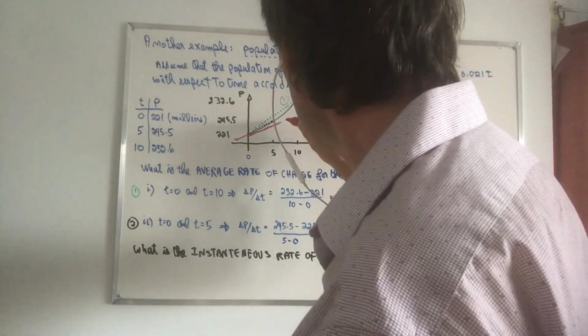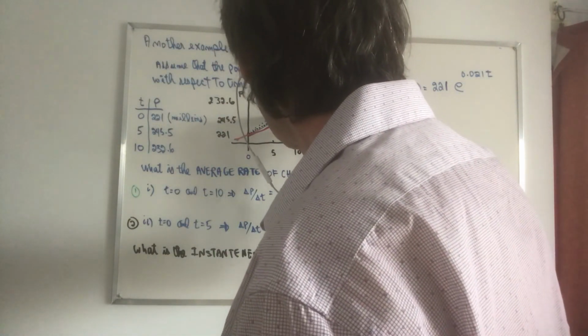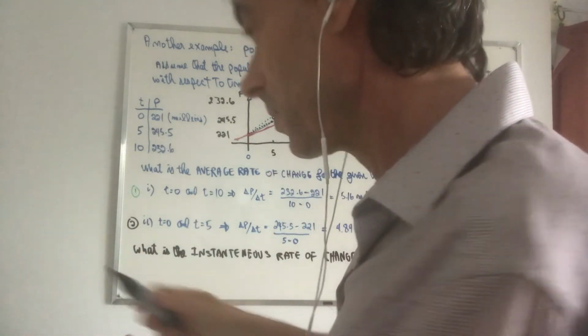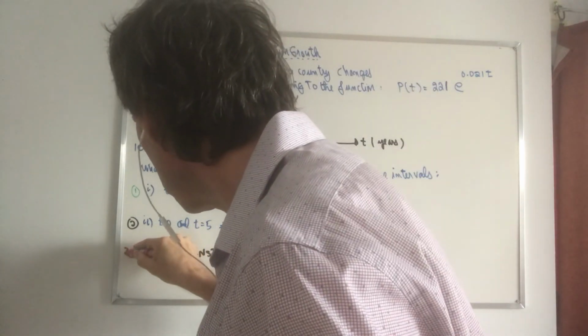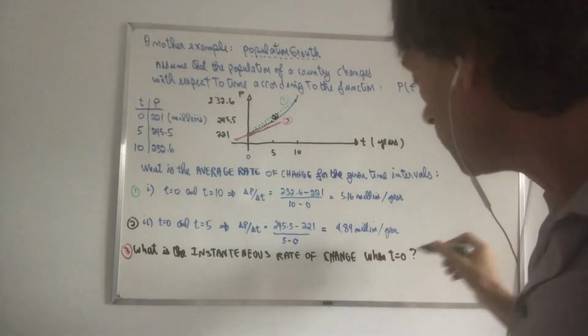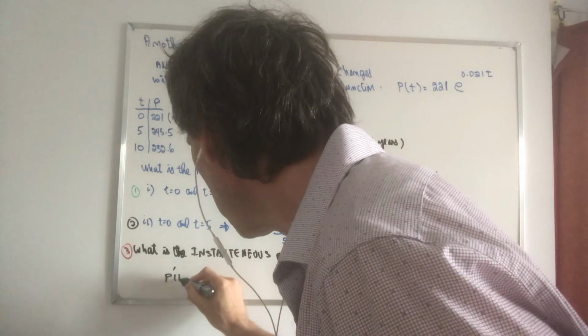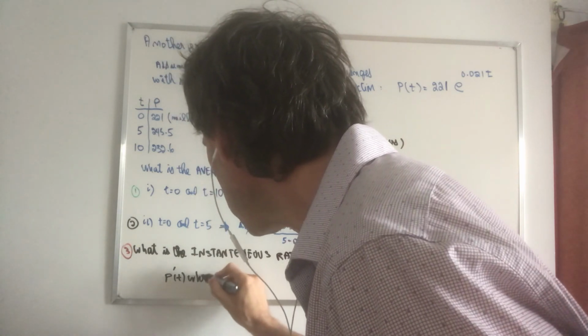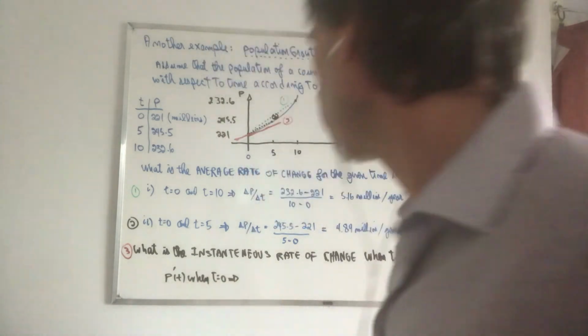So I should have put number 2 for the black one, and this is number 3, the red line. And the instantaneous rate of change is p prime when t is equal to 0.